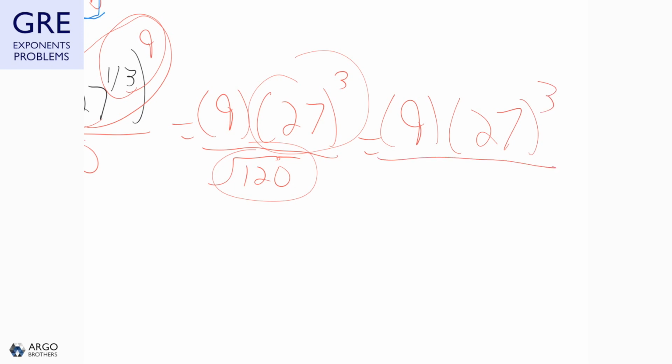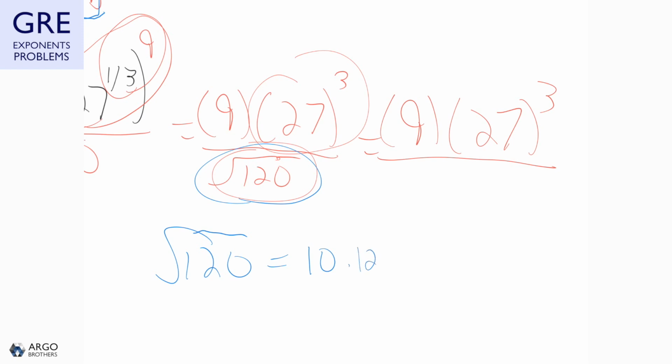And now, this square root of 120, let me just bring this to the side. This square root of 120 is something that I want to break apart, to expand into maybe a perfect square if we can find one. So is there a perfect square factor of 120? Yes, there is. Isn't 120 the same as 10 times 12?